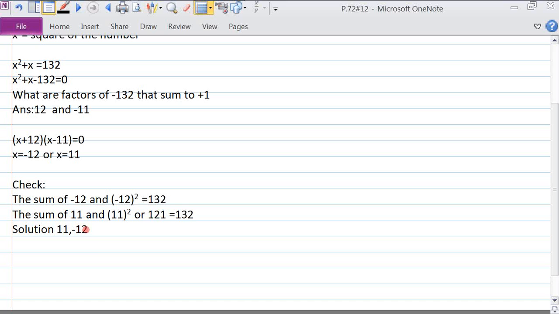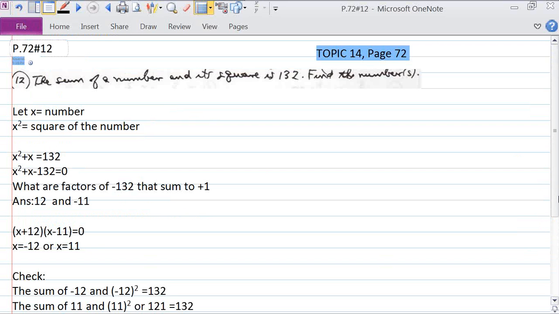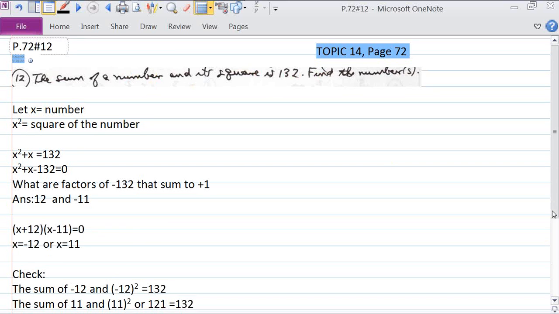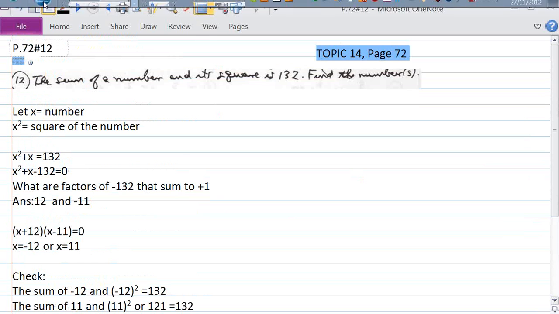Either one of those solutions. So the sum of a number and its square is 132, and we saw there are two solutions here. 11 squared is 121, and plus 11 is 132. If we use minus 12, we get 144, and 144 minus 12 also gives us 132. So those both check out.